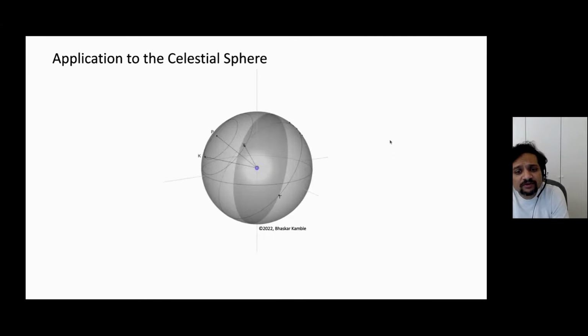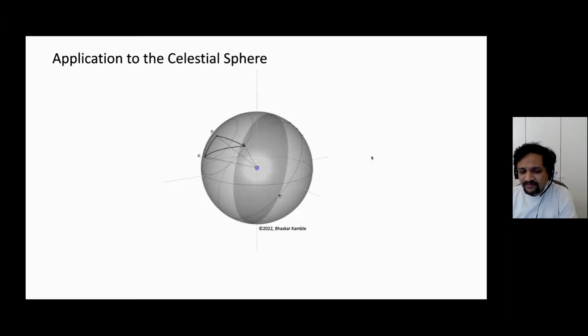Now we take these 3 points, P, K, and X, and we construct a spherical triangle on this. Here we go. Now we would like to apply the cosine formula to this triangle, and for that we would need to know what the sides of this triangle are and what the angles are.